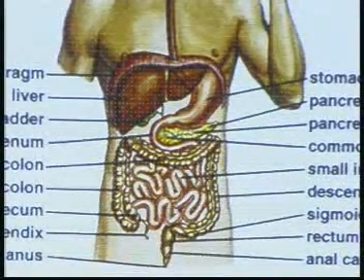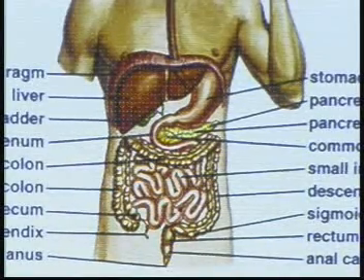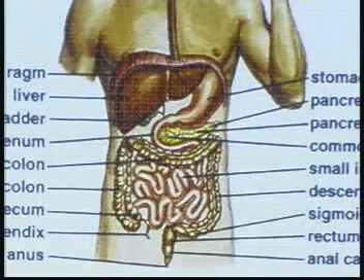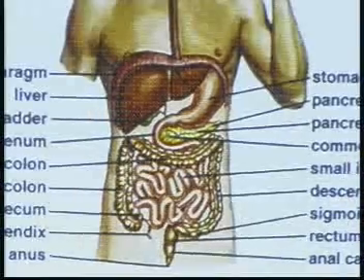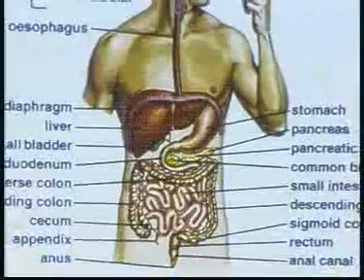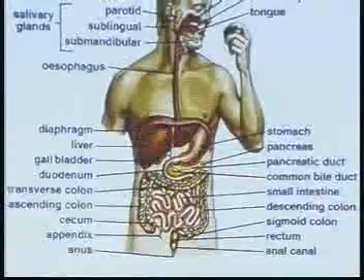Now, bile has a function of emulsifying fats. You must be wondering what's emulsification of fats. It's something like the action of detergents. The fat globules, which are so big, are broken down into smaller molecules of fat to provide greater surface area for enzymes to act on them.